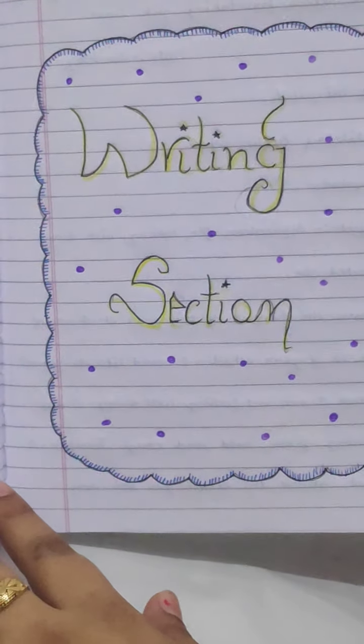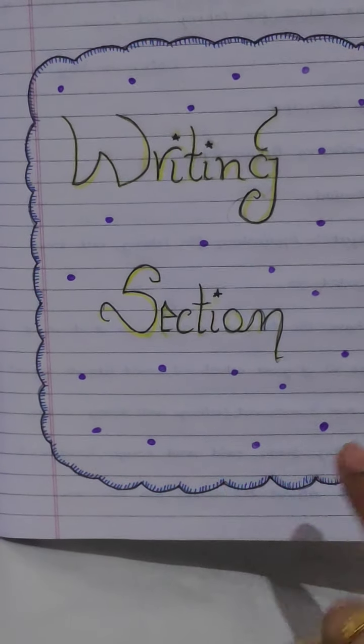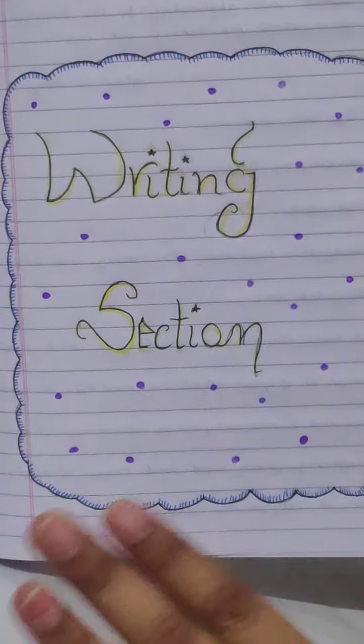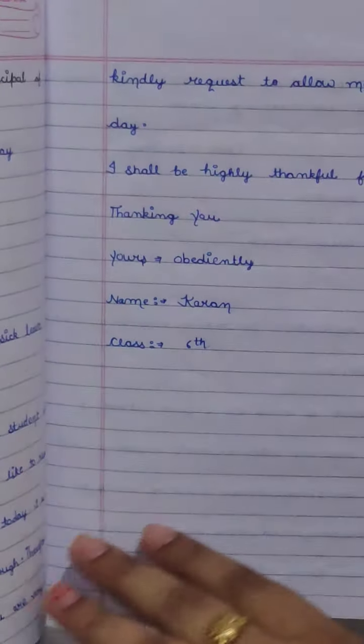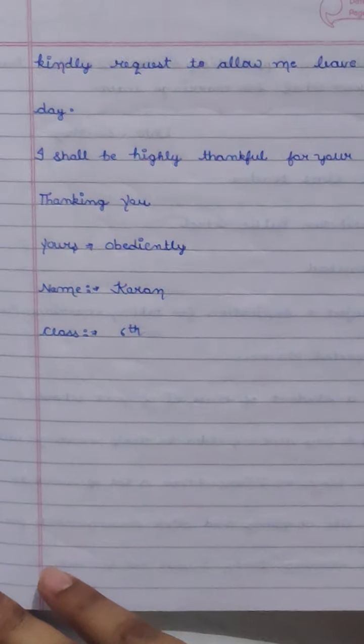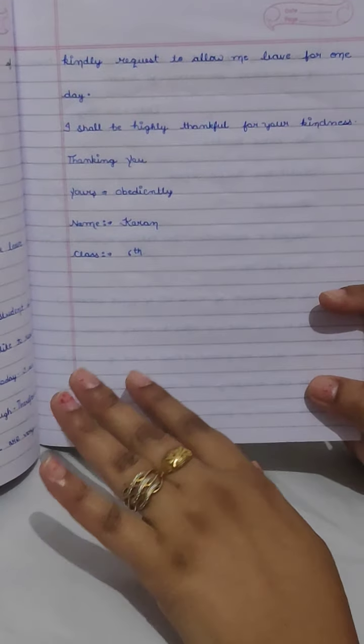You can see here it looks very beautiful, and it's very simple. All the students can make it like this. Okay, next, look here, this is the application for sick leave.